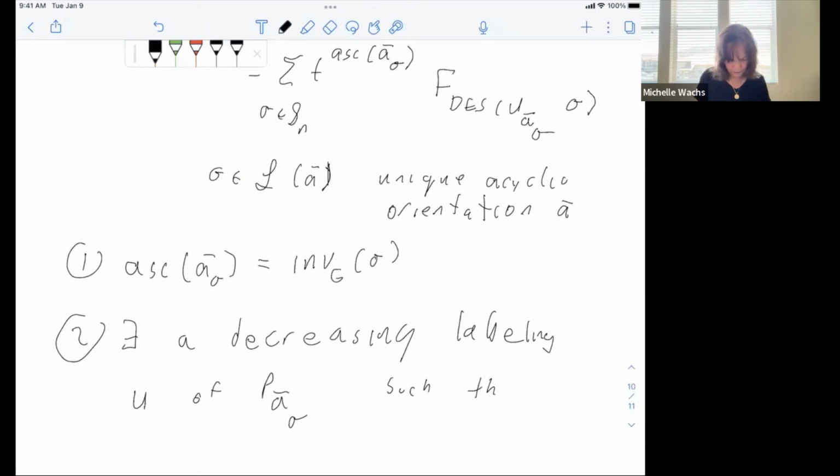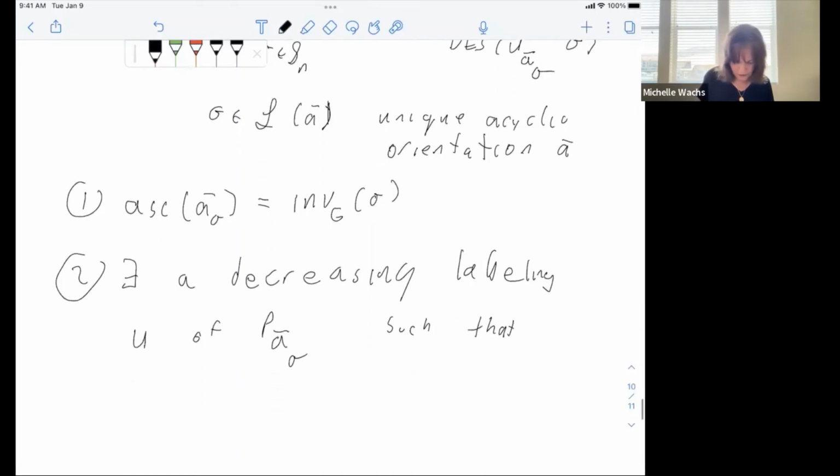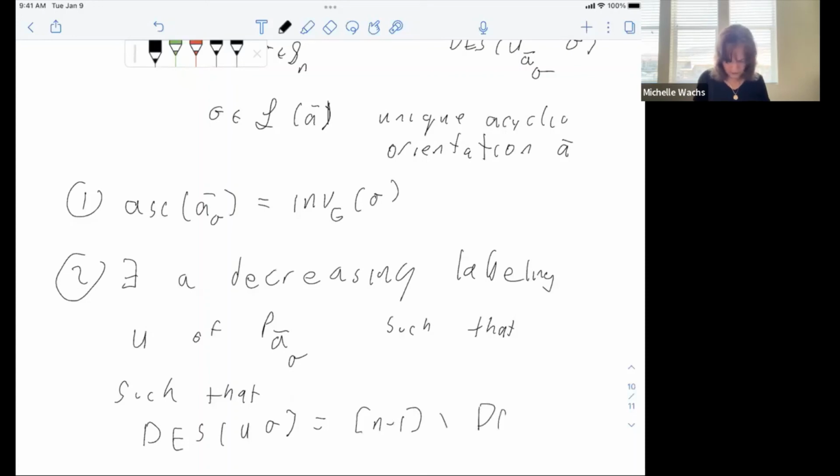Such that, and this takes some work, find a decreasing labeling U of P A sub sigma such that des U sigma is equal to the complement of des P sigma.